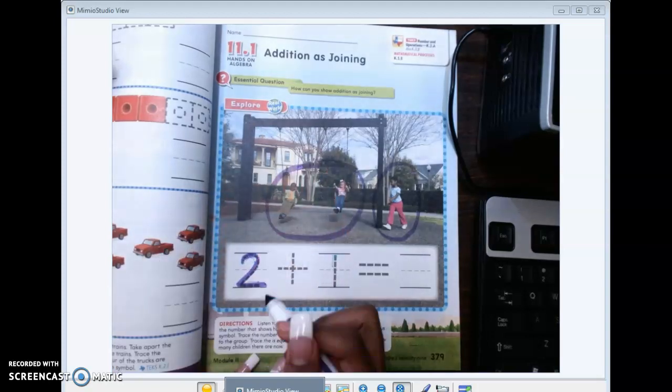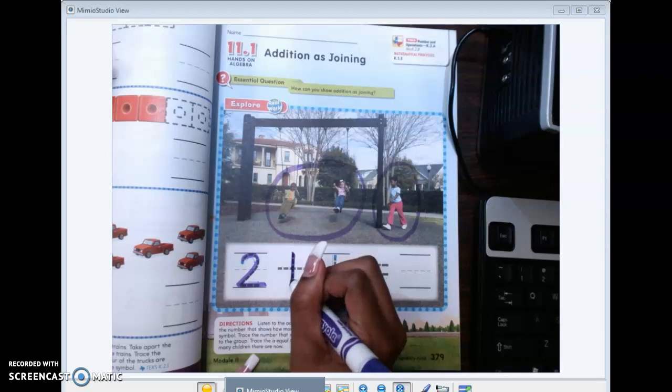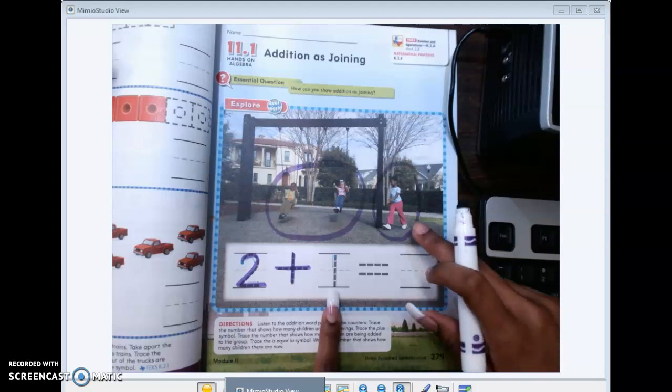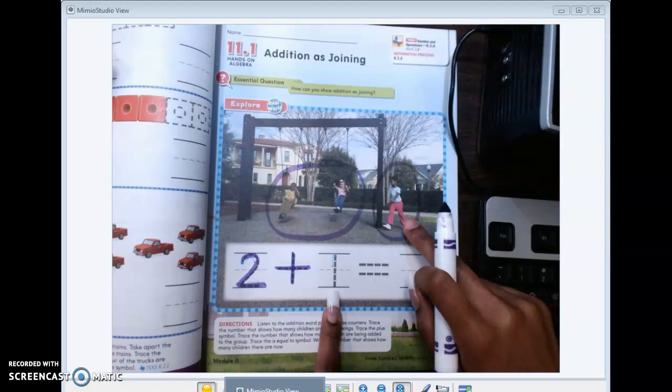And then I see this symbol. Who remembers what this symbol is? Yes, this is called plus. And remember, plus means to join or put together. And then after plus, you see the number 1. The reason why they have a number 1 here is because remember it said one more child came to join.